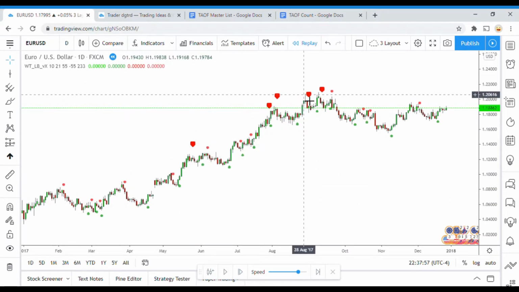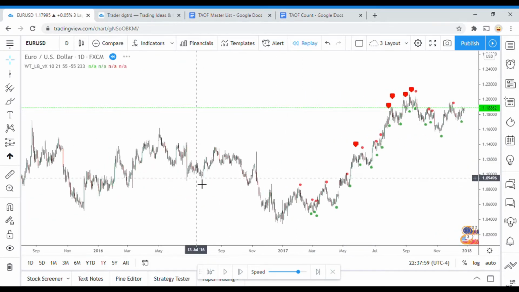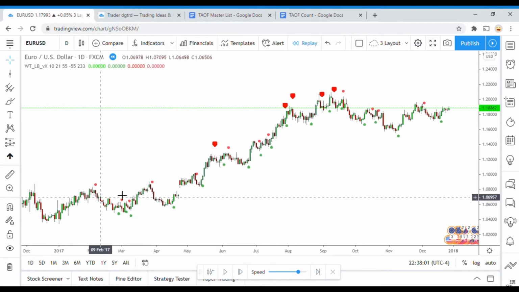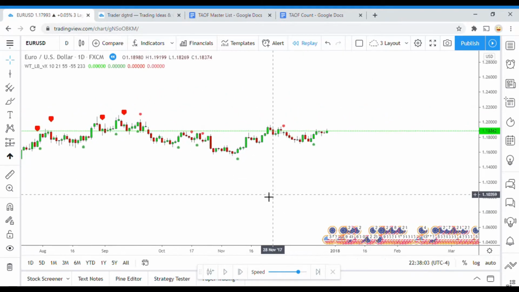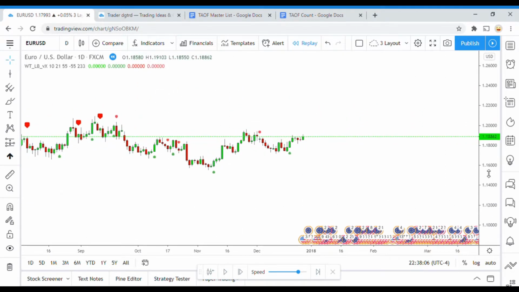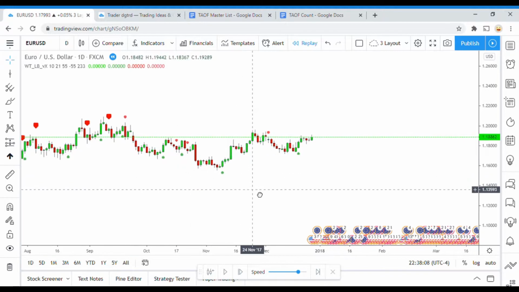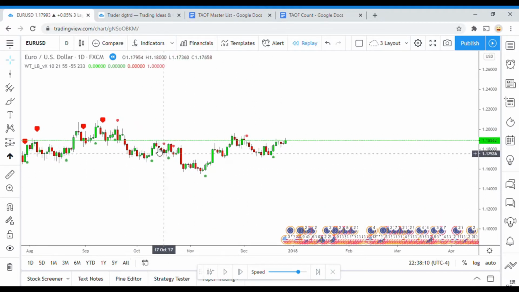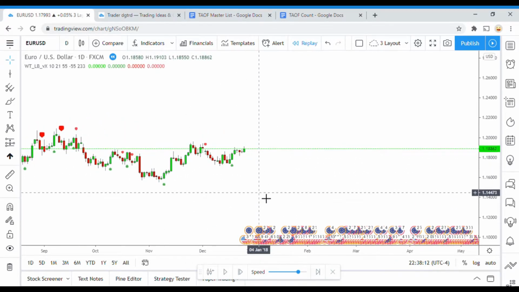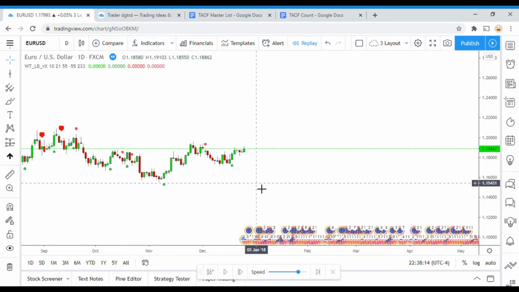And as you can see, these are short signals here. It only goes back so far. And it definitely gives green signals as well that are just as obvious, that are long signals. So that's pretty much how we are going to test this today.